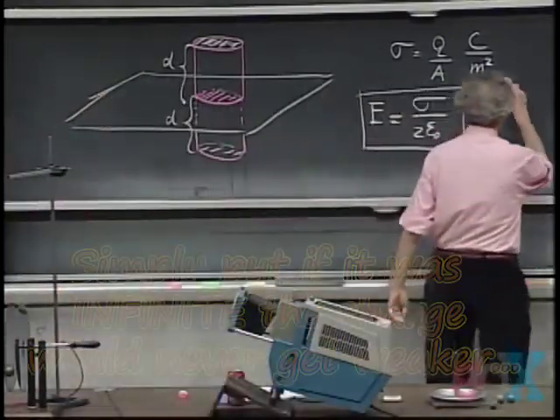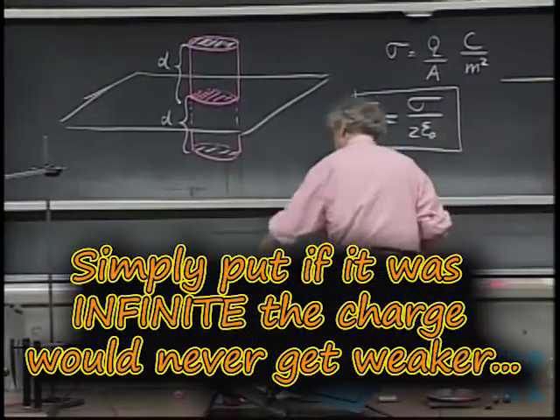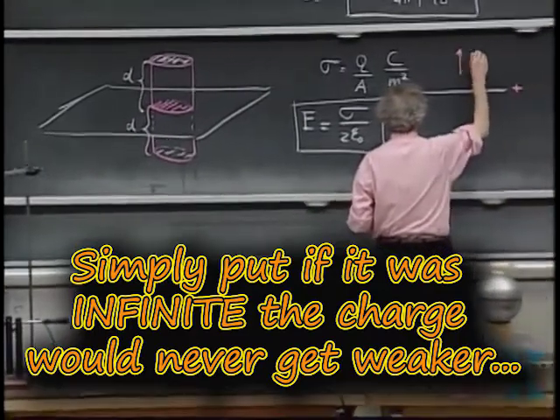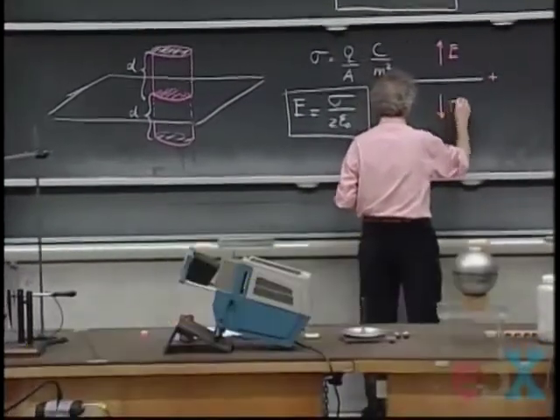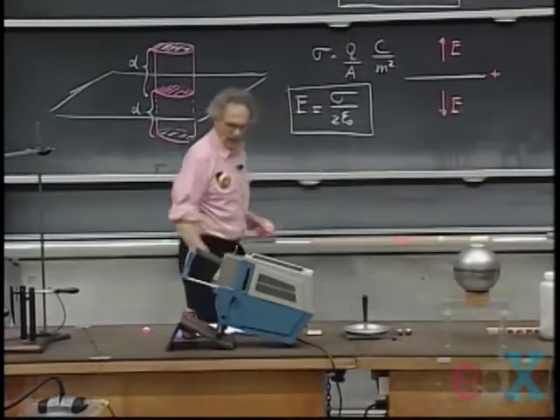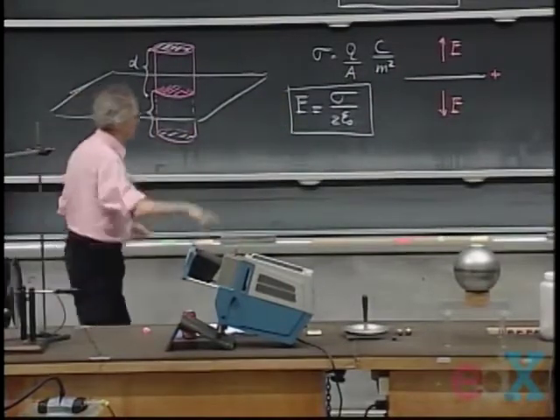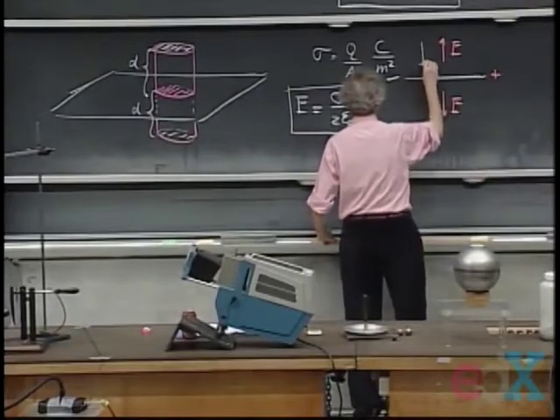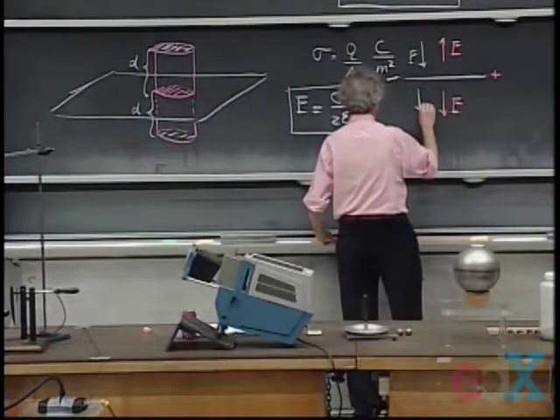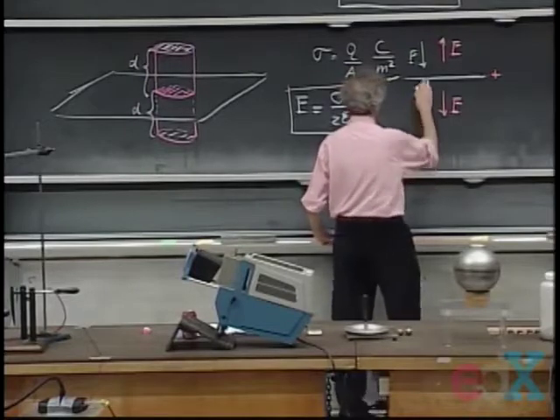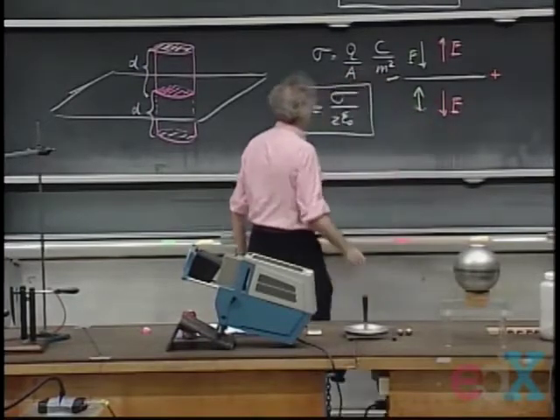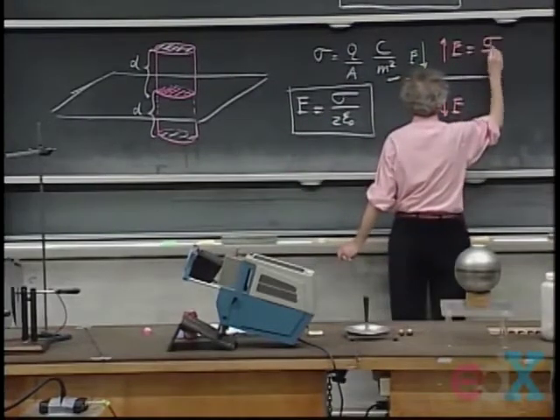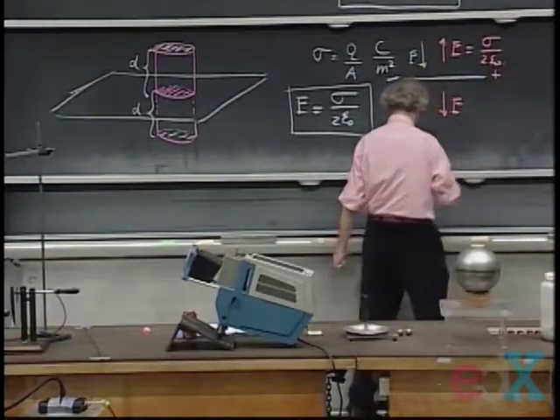So if this is that plane, and if the plane is positively charged, then E would be like this here, and E would be like this here, and it would be independent of distance. And if it is negatively charged, the E would be like so, and like so, pointing towards the plane, and in all cases the magnitude would be sigma divided by 2 epsilon 0.